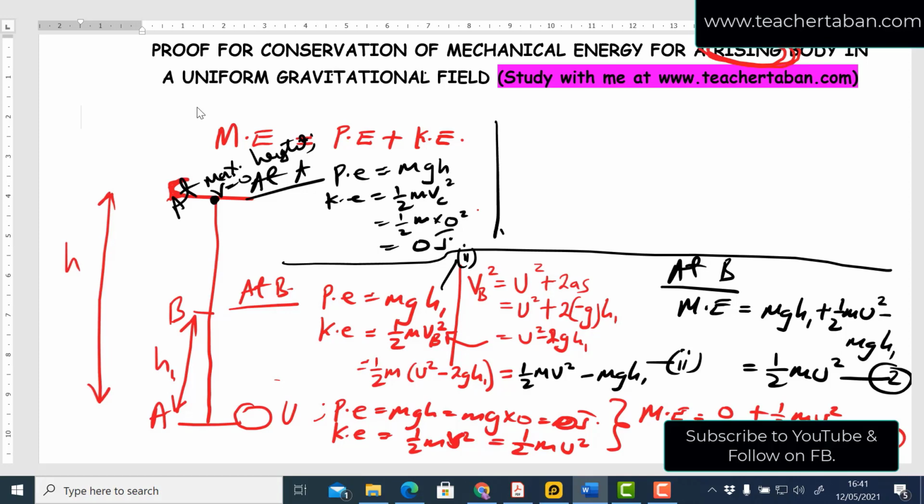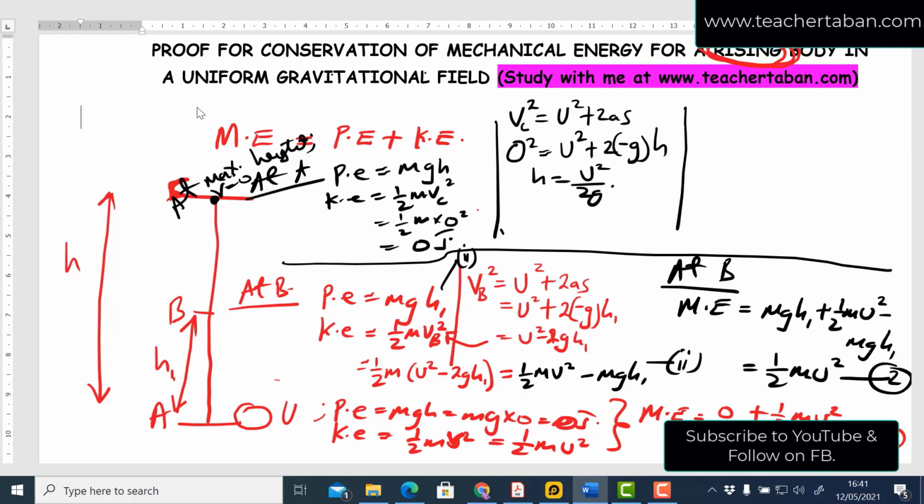And our velocity at point C, from the third equation of motion, v squared is given by u squared plus 2as. We just said that velocity at C is 0. Our u remains as it is, plus the 2, the a becomes minus g since the body was moving against gravity, and the distance moved upwards is h, implying therefore that h is equal to u squared out of 2g.